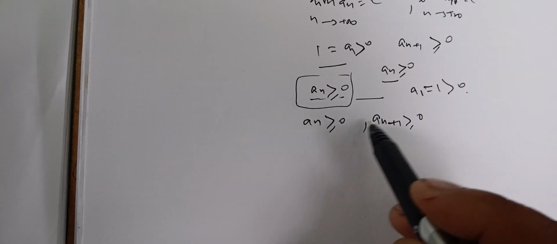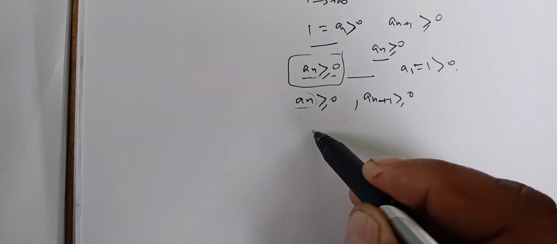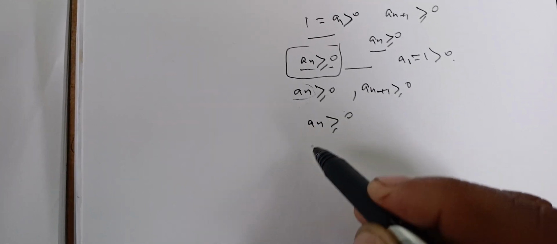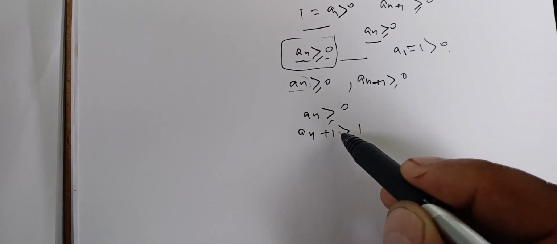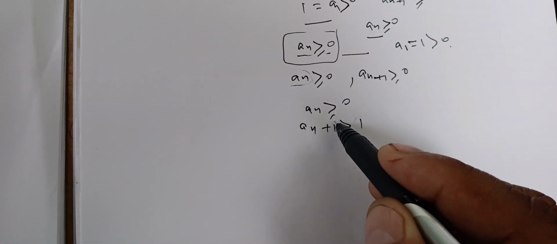We have a_{n+1} defined in terms of a_n. Since a_n is bigger than 0, let's add 1 to both sides. We have 1 plus a_n is bigger than 1, which means it's positive.